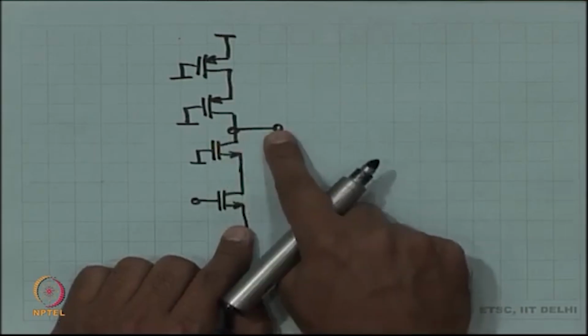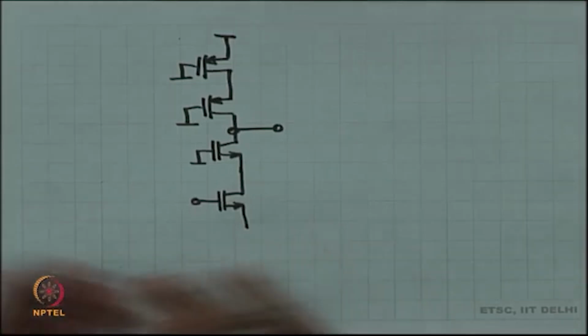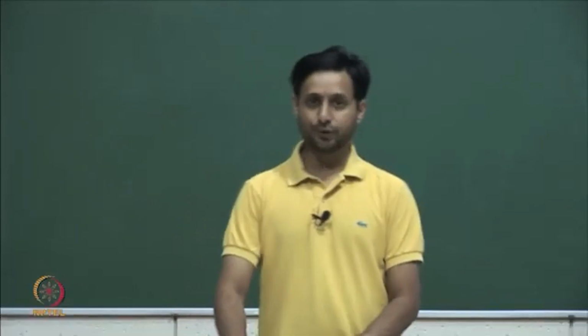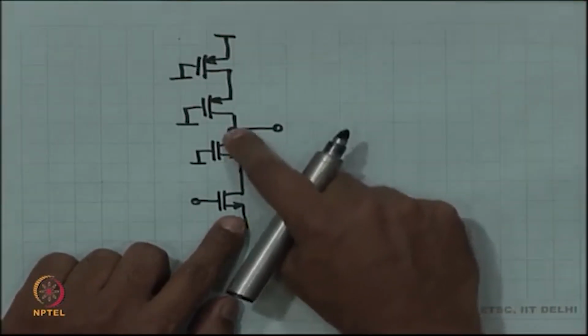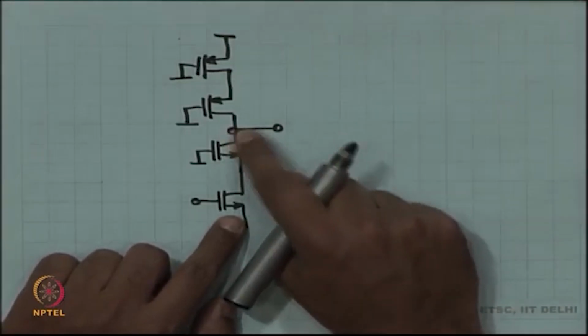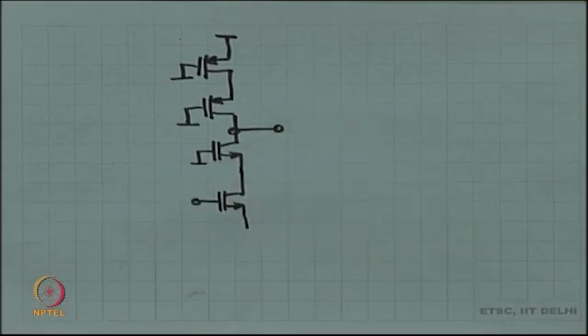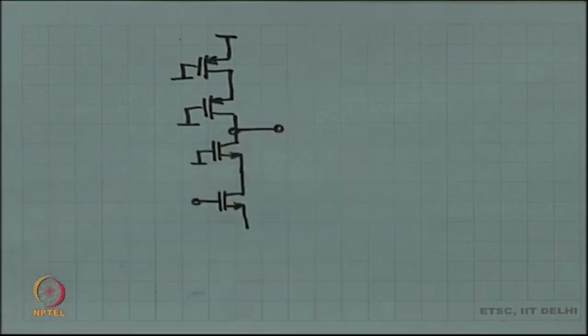So, the short circuit current is almost equal to Gm times V in, and if you want to figure out exactly what it is, then you have to work out the current division ratio, that is the current division between RDS and 1 by Gm in parallel with RDS of the second transistor. So, this current division you work out, and that is the ratio by which Gm is going to be reduced slightly. So, effectively the short circuit transconductance is nothing but Gm.